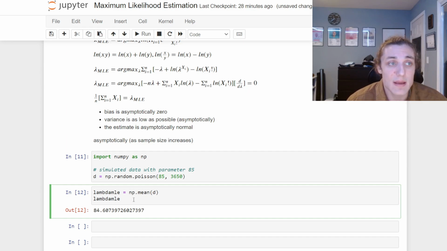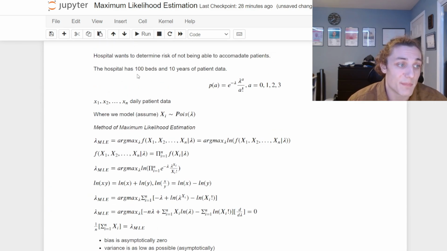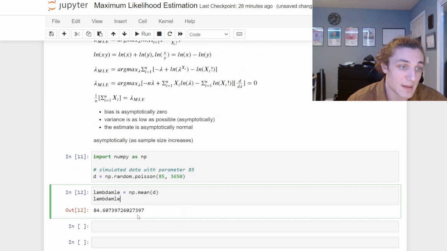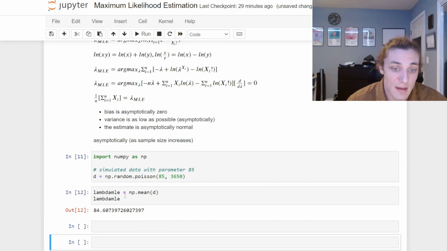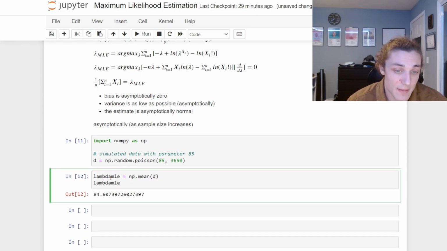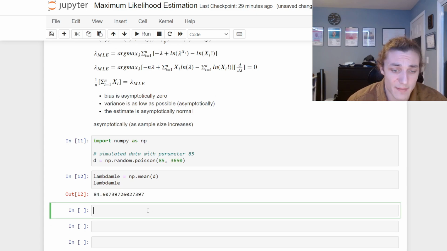Now that we have this, we can actually go ahead and directly find the probability of not having enough beds on a daily basis. All we need is the distribution function, and that is very well defined. So I'm going to use SciPy for this with the lambda from our MLE that we had derived here.